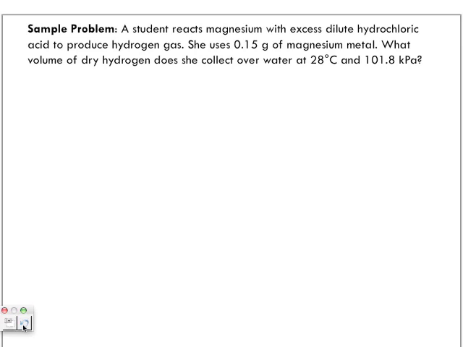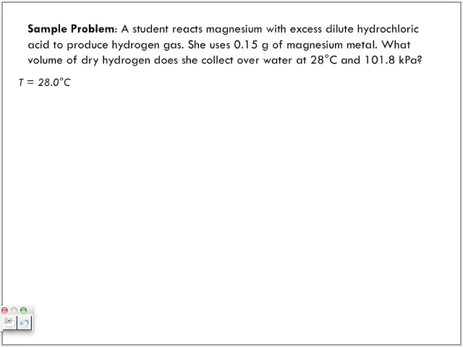Sample problem. A student reacts magnesium with excess dilute hydrochloric acid to produce hydrogen gas. She uses 0.15 grams of magnesium metal. What volume of dry hydrogen does she collect over water at 28 degrees Celsius and 101.8 kilopascals? Let's take a moment and write out what your givens are and put together a balanced equation.